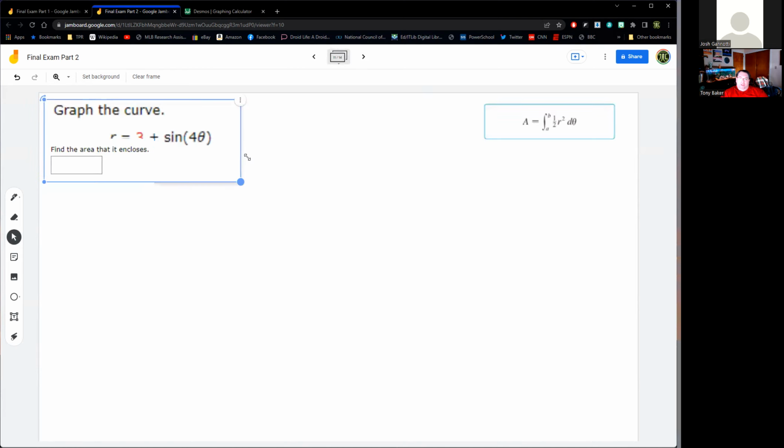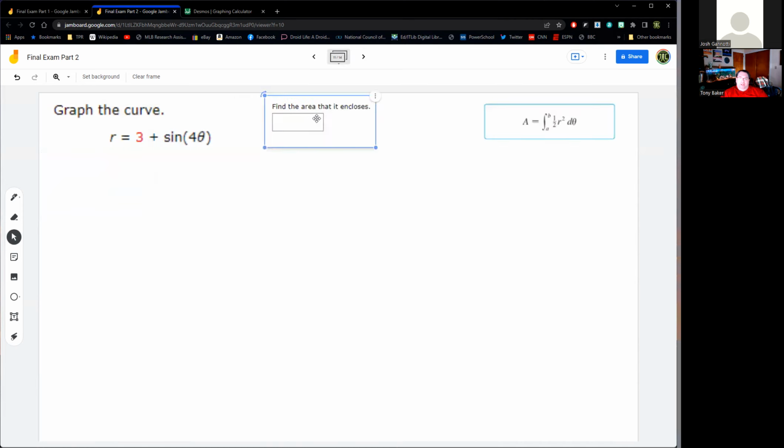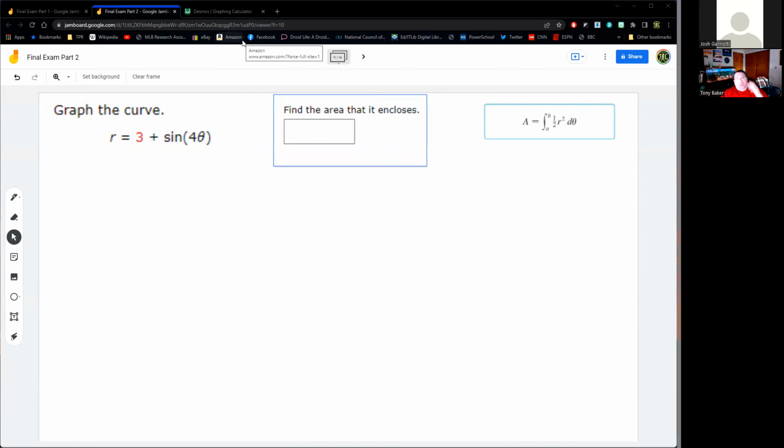Polar. So polar's got 2 parts to it. It wants you to graph it and then find the area. It's going to give you pictures of the graph. So really all you're going to do is throw it in Desmos so you can see what the picture looks like.